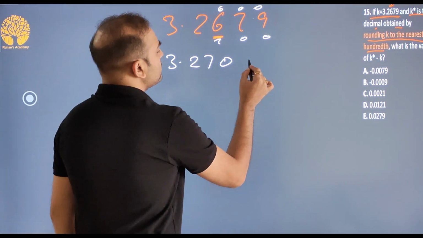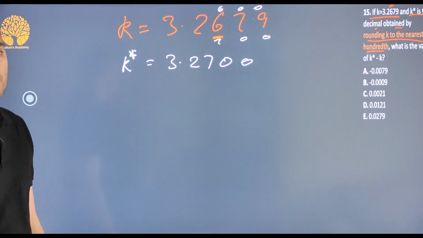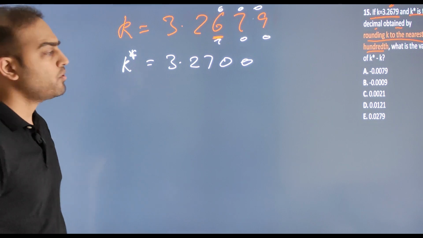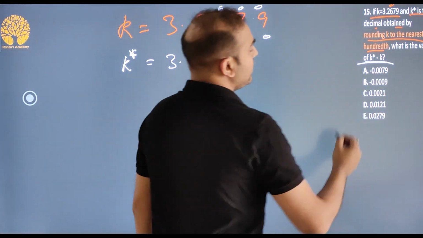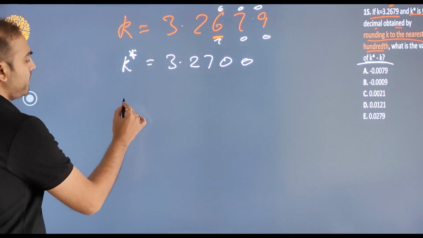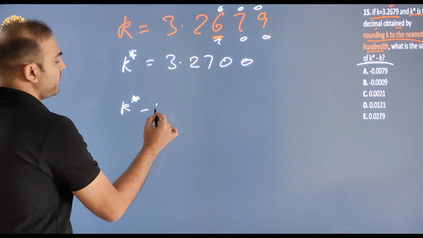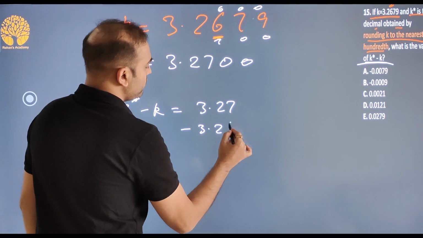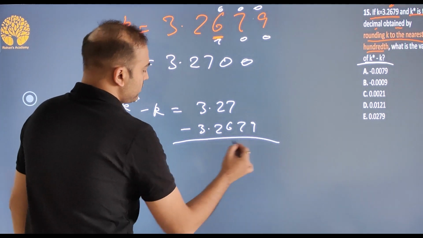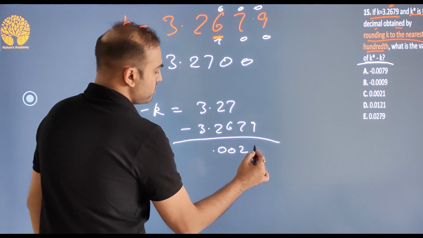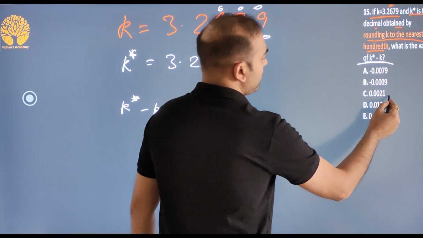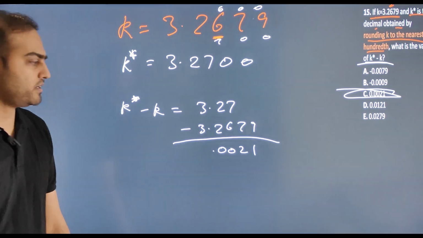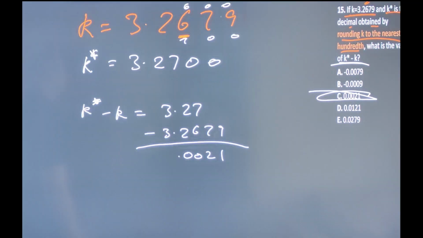For the sake of the question, I'll write 3.2700. So I have my k star, I have k. What is it that they want? K star minus k, right? So k star minus k is 3.27 minus 3.2679, which is 0.0021.